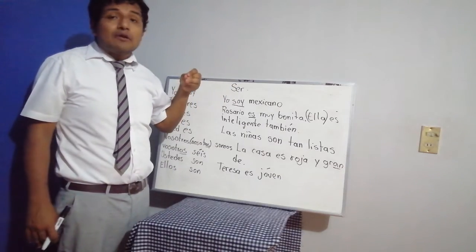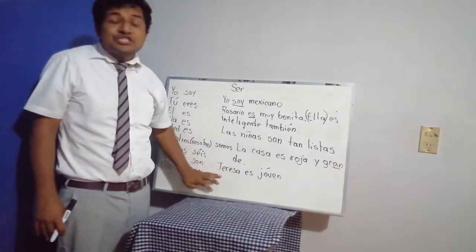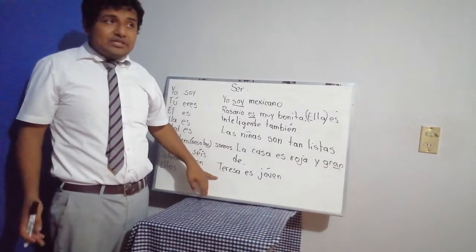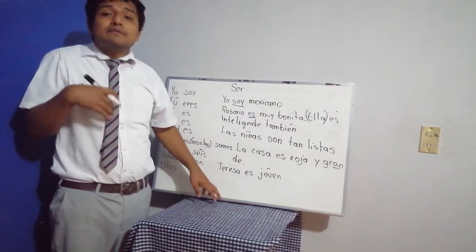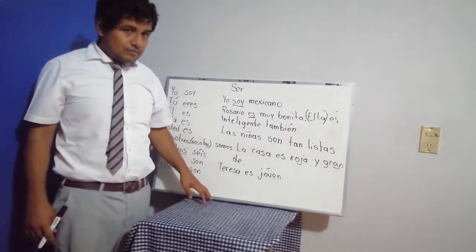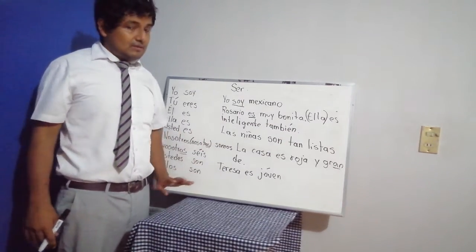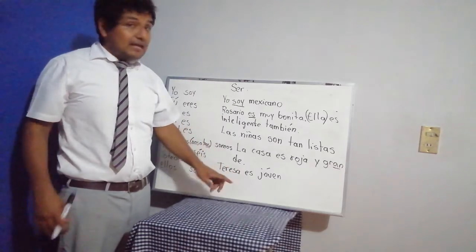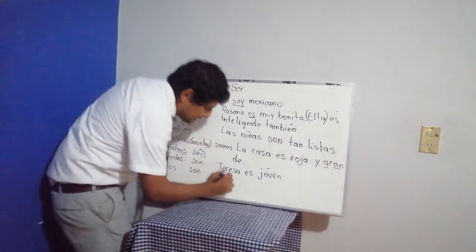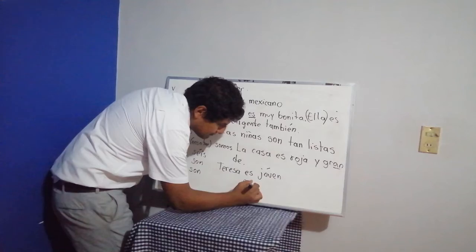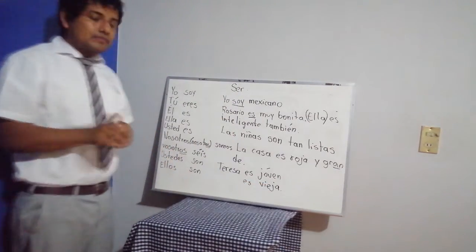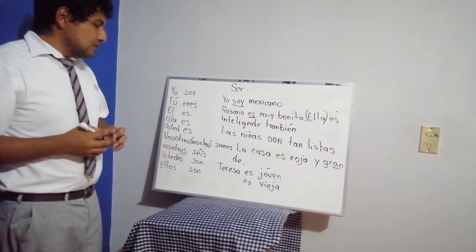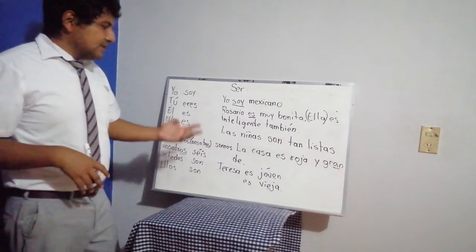In the future, probably she's, I don't know, 20 years old, she's young, it's joven. But probably 50 years later, she's going to be 70, she's old. In that moment, you can say Teresa es vieja. Okay? Well, so that is one of the examples.